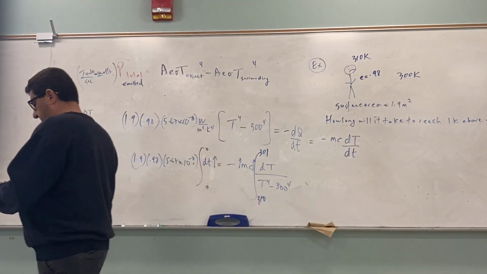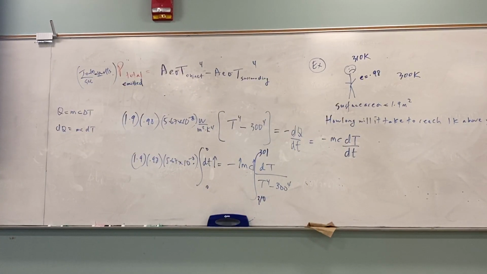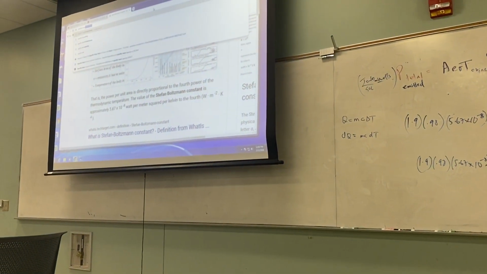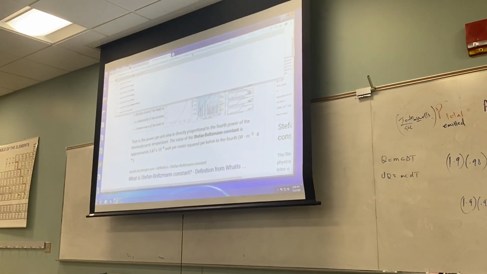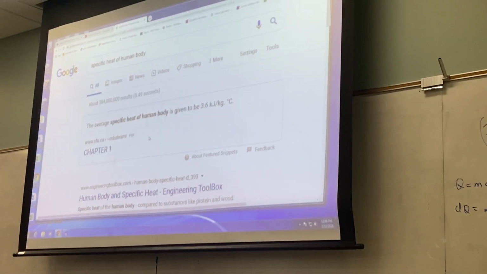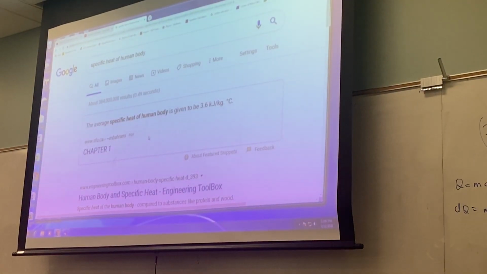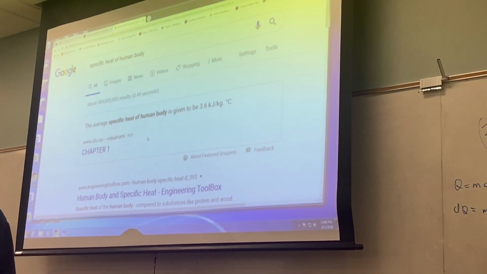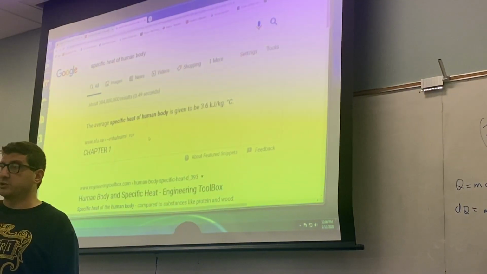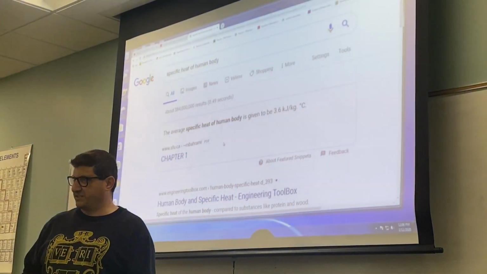Okay, so now let's Google the specific heat of the human body. Specific heat of the human body, 3.6 joules per gram, and remember, water is 4.184. So we're mostly water, right?